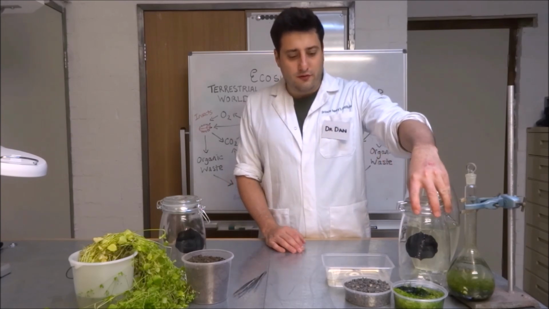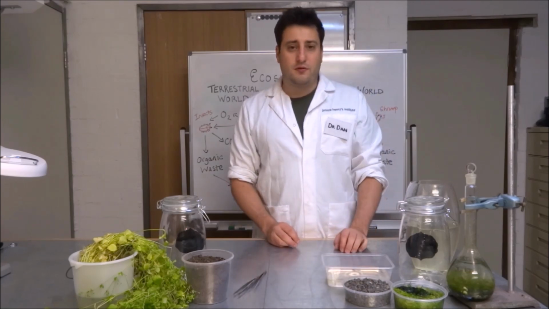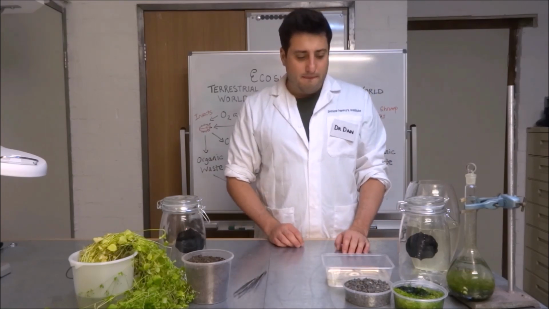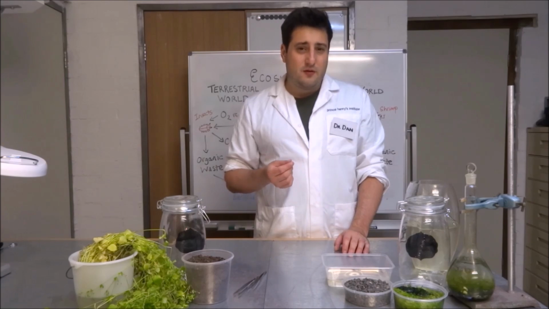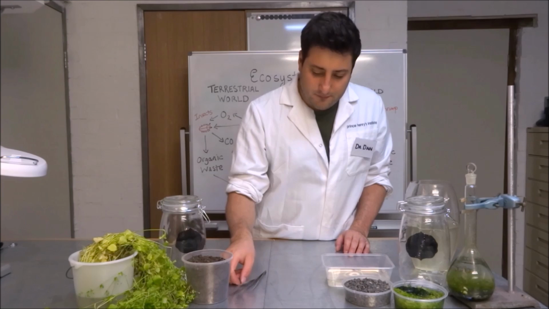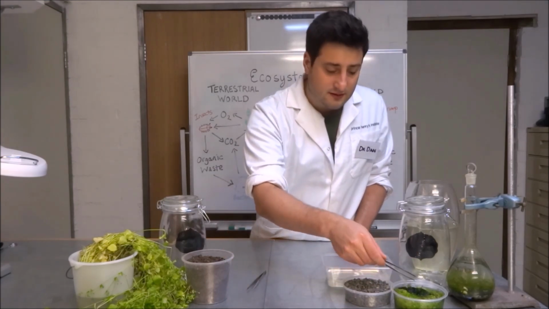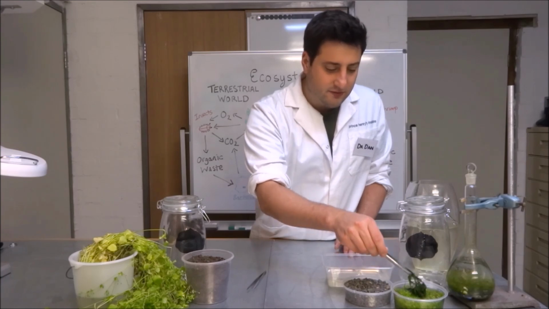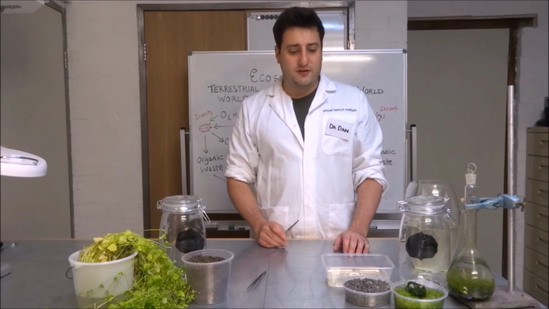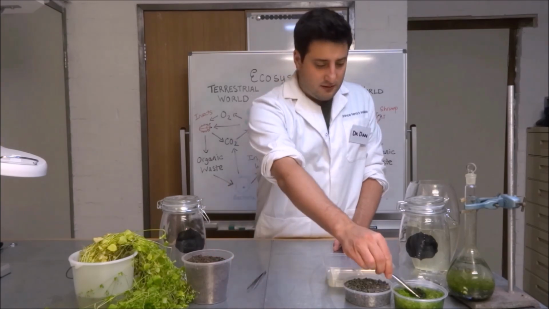In the water world, we have some pebbles here, which will help hold some of the organic matter, such as algae, when it coats the pebbles. We have some water plants, Elodea and Java moss, which you can get from your fish aquarium store, as well as some of the algae in there.